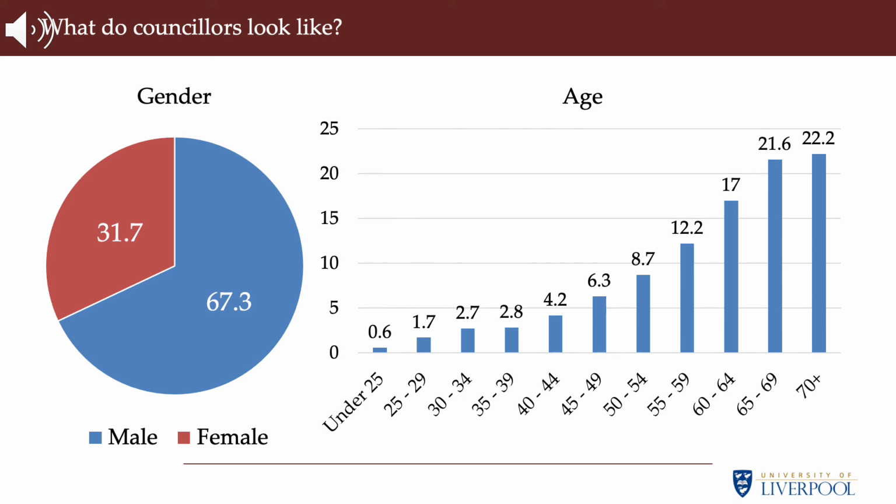Does gender distortion matter? Well, inevitably, yes. There's evidence to show that councils with more women are more likely to have different policy priorities than those that are predominantly men, and their process of making decisions is different, more inclusive.